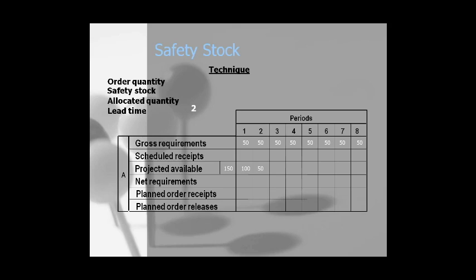It is projected available balance prior period, planned order receipts, gross requirements, and safety stock if we are at or below the safety stock level. So in this case here, in period number 3, we would actually have a net requirement, since it's a 10-piece safety stock, of 10 pieces in week number 3.